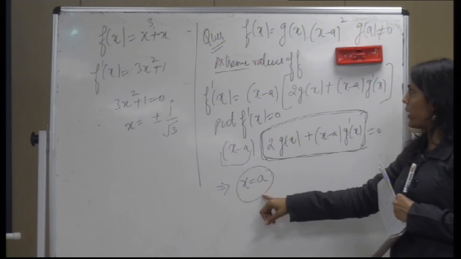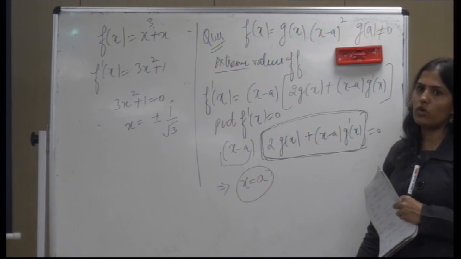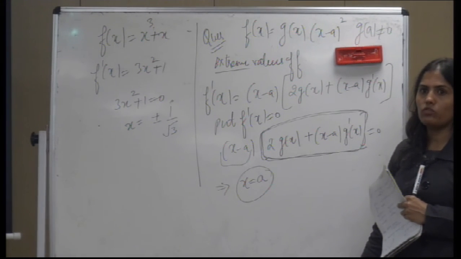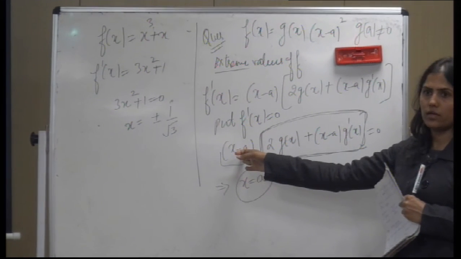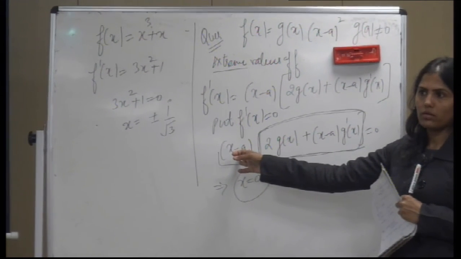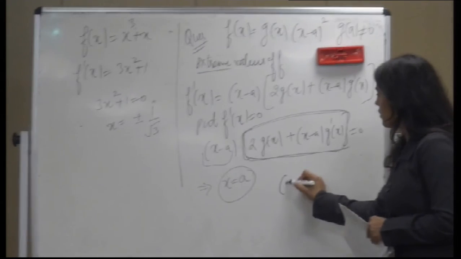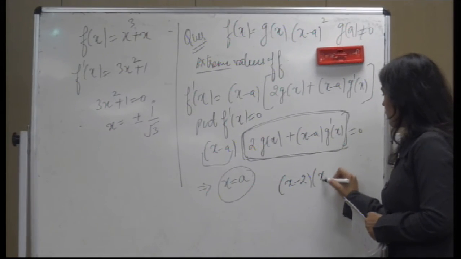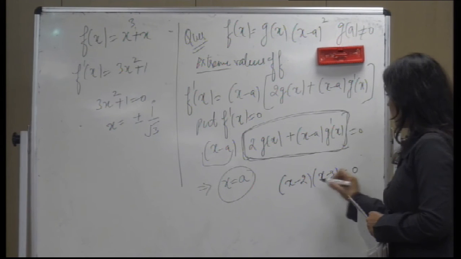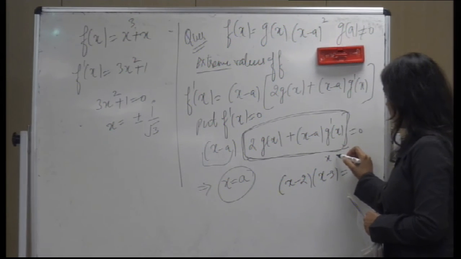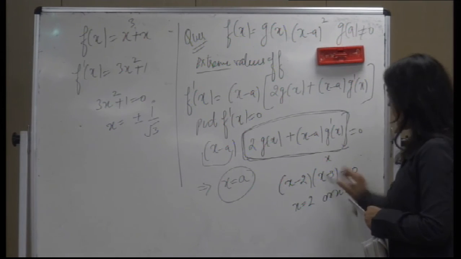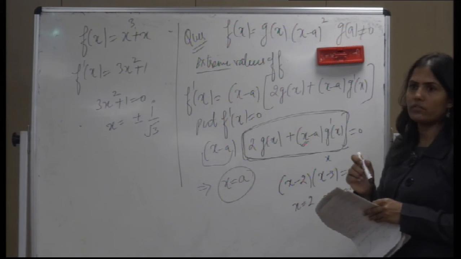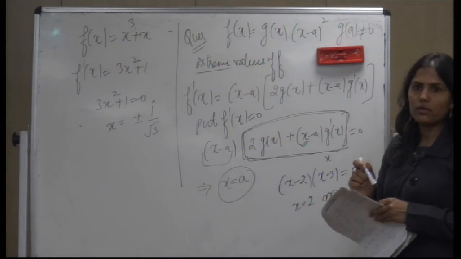X equal to a, I am getting. But only for point a I am not concerned; there could be other points also. If we have this type of equation and suppose x is 2, from here also I might get some points. But why am I not concerned?